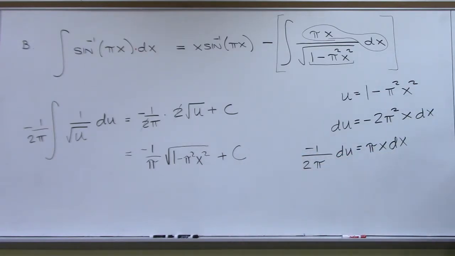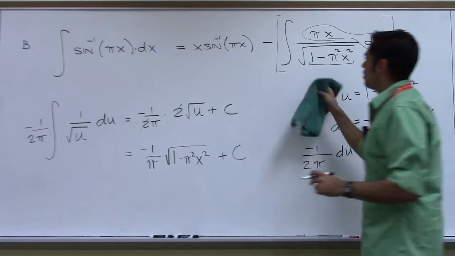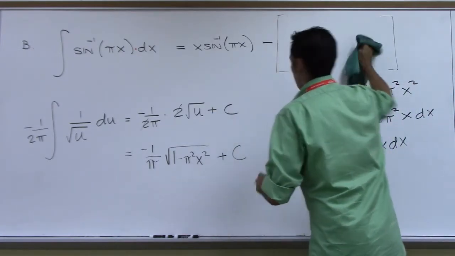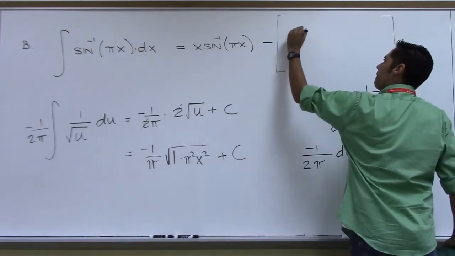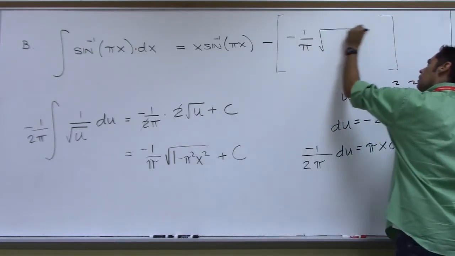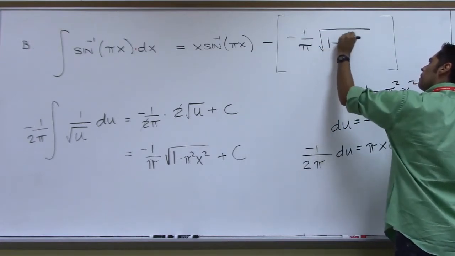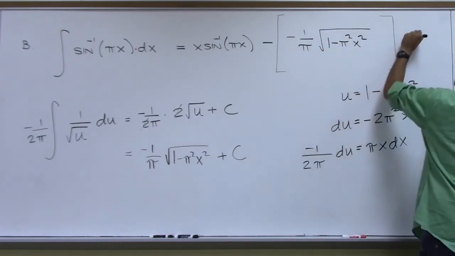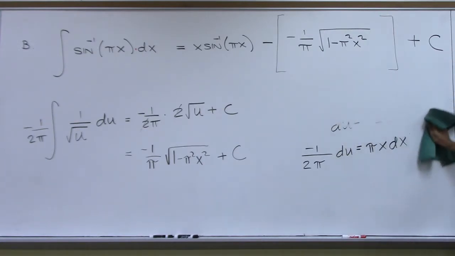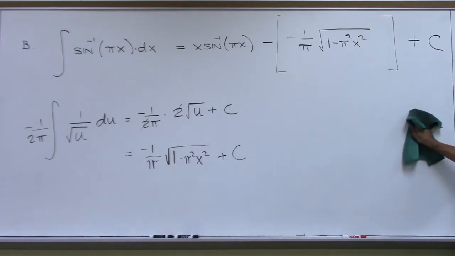Okay? So the final result, if I replace this in the bracket, if I replace that with this, plus c, I'm going to throw a c way out here. Yeah, the negative and negative is going to become positive now, right?